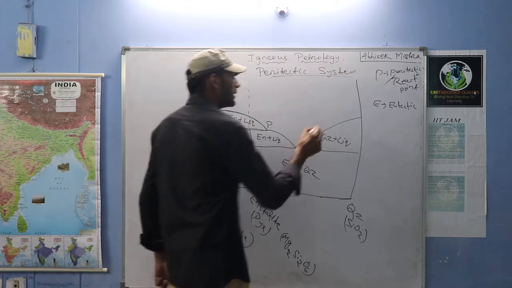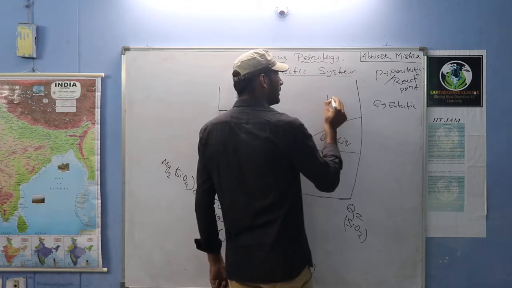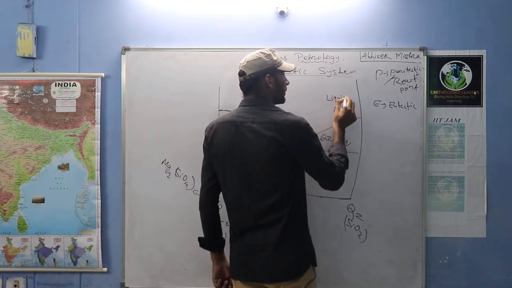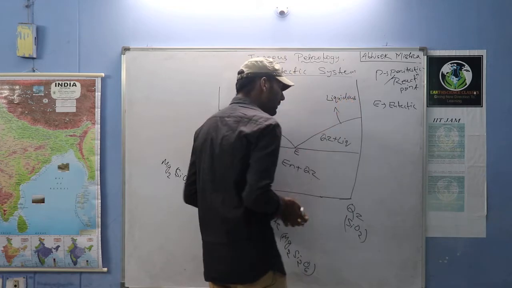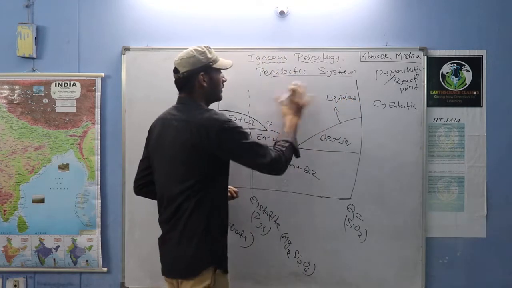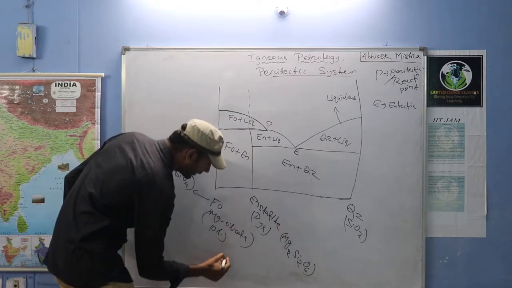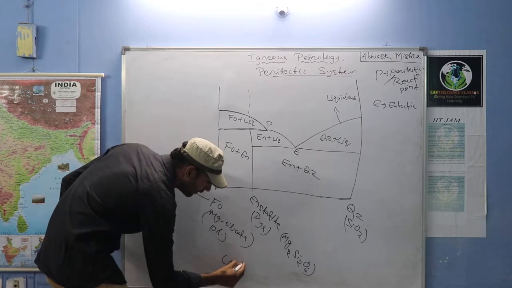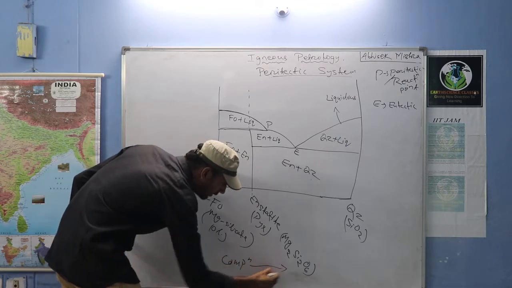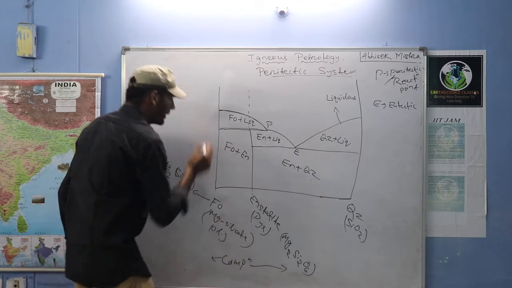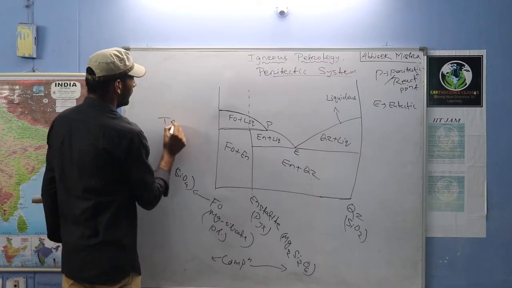And as I have told you, these are the liquidus. Liquidus means above that all phases are liquid. On the x-axis what are we taking? We are taking composition. On the y-axis we are taking temperature.